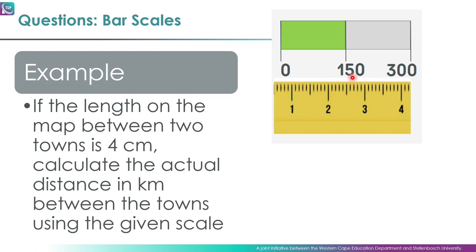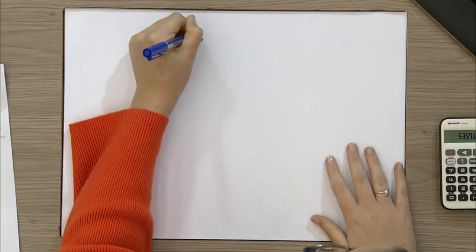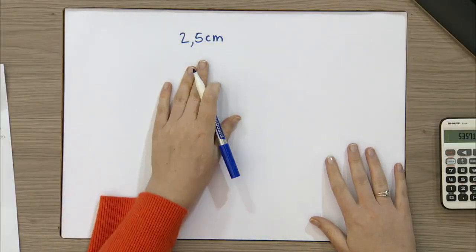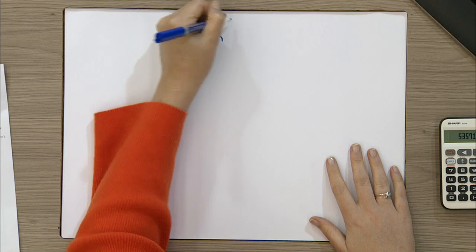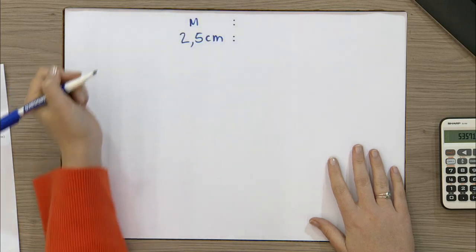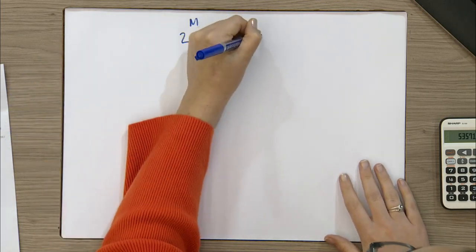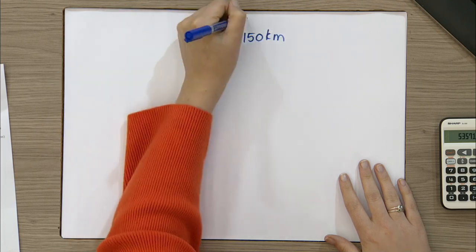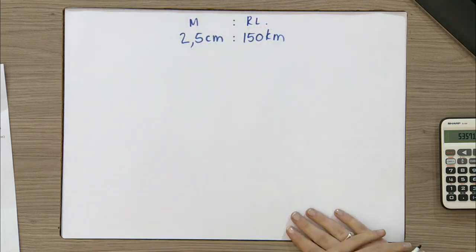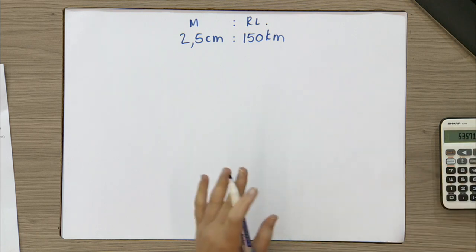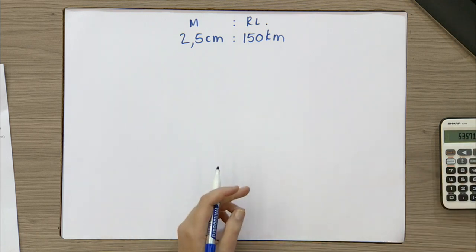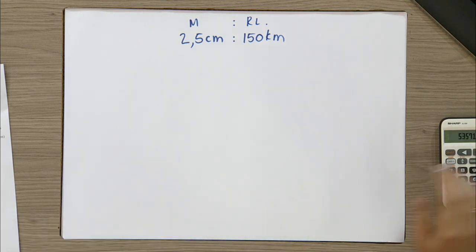So I must write this down for myself. 2.5 centimeters on the map, because I'm measuring on the map, is going to be the same as 150 kilometers in real life.